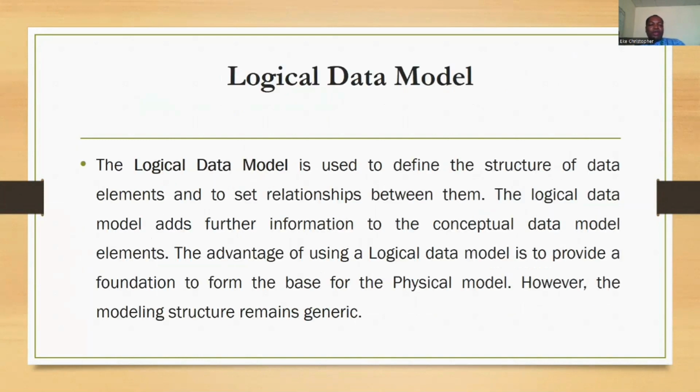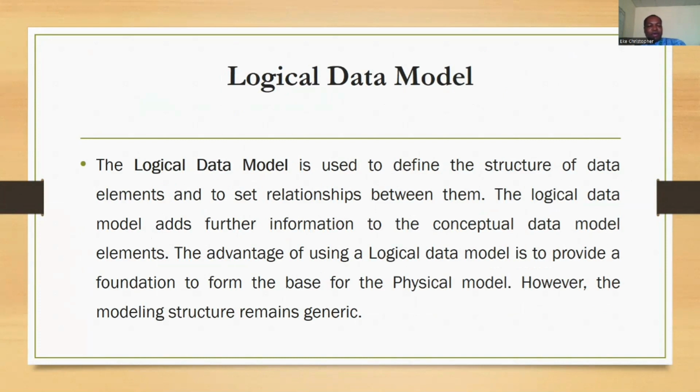Logical data model. The logical data model is used to define the structure of the data elements and to set relationship between them. The logical data model adds further information to the conceptual data model elements. The advantage of using a logical data model is to provide a foundation to form the base for the physical model.